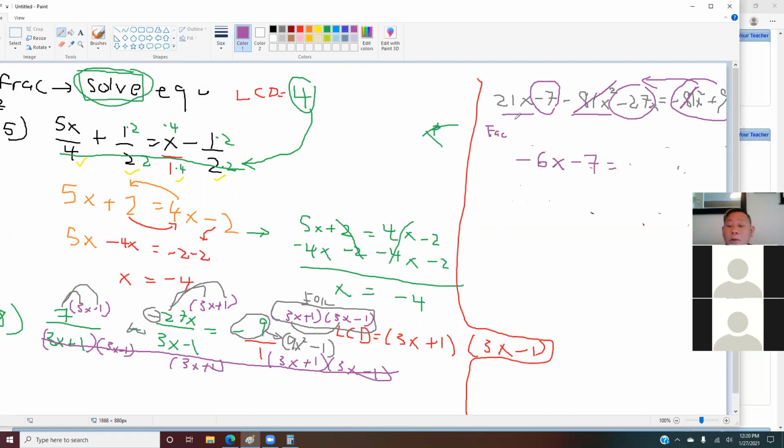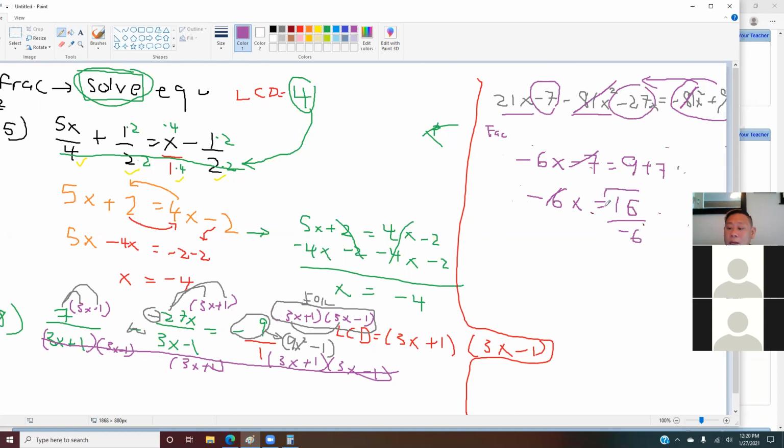So this is a bit easy now. Negative 6x minus 7, and this one becomes just 9 because the 81x squared will cancel. And then you move the 7 over there, so it becomes 15. Not 15, 16. 9 plus 7 is 16. And then you divide this by negative 6.